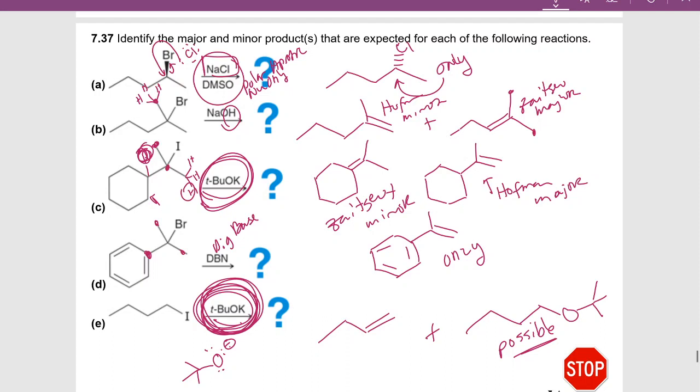But this nucleophile is so sterically hindered that it's going to be more likely to act as a base. So your major product really is going to be the one on the left. And again, this is not one of the questions that I would really give one of my students, at least intentionally. And if I did give it, I would take that into consideration when grading the exam.